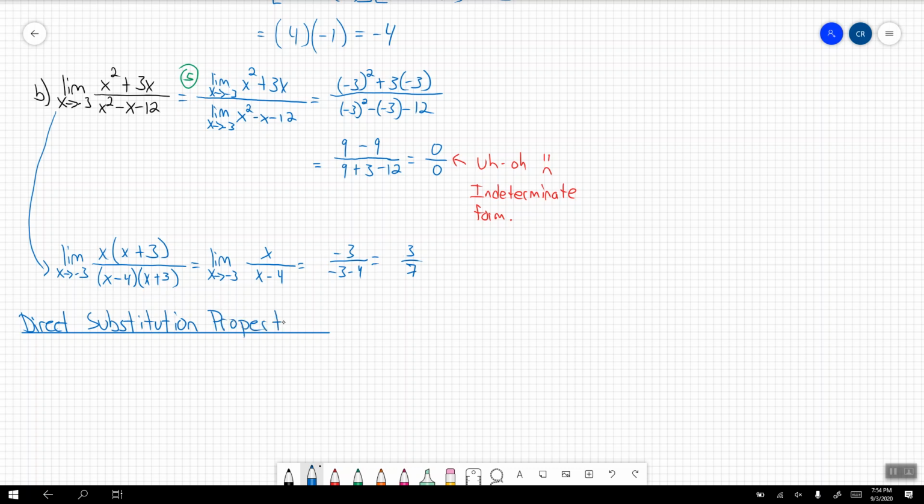Now, what I'm writing on here is the direct substitution property.